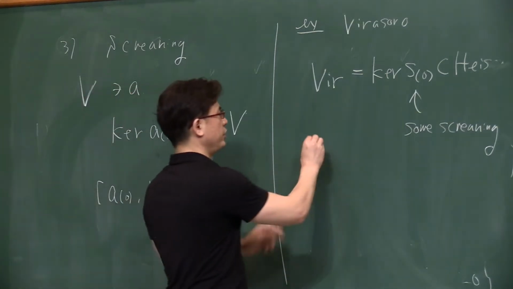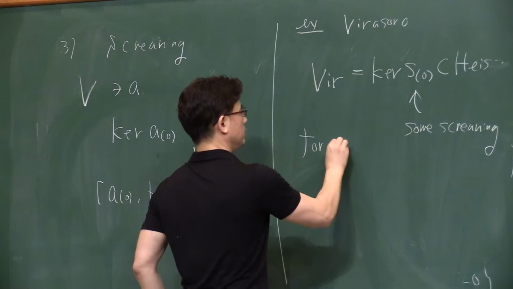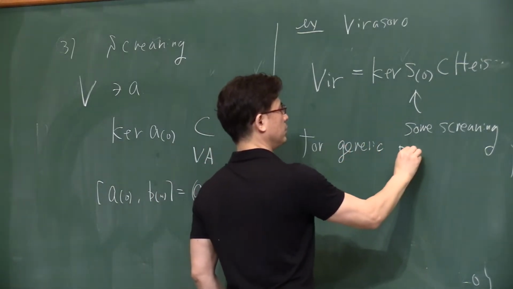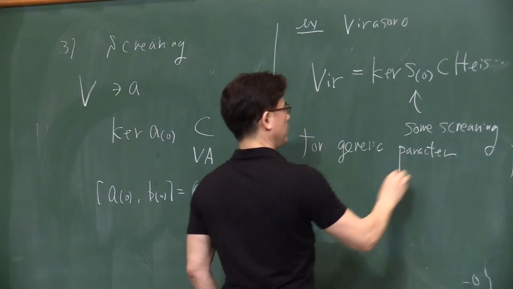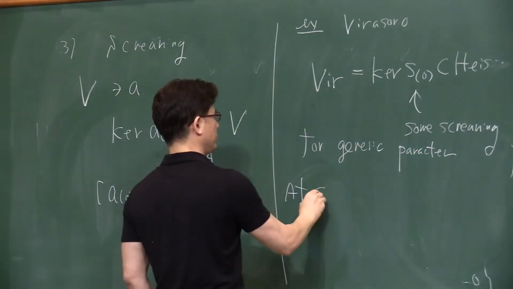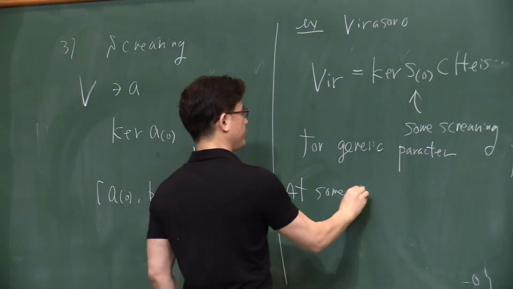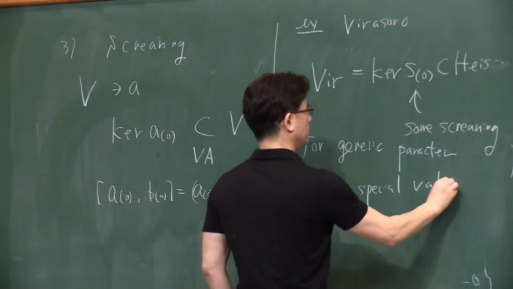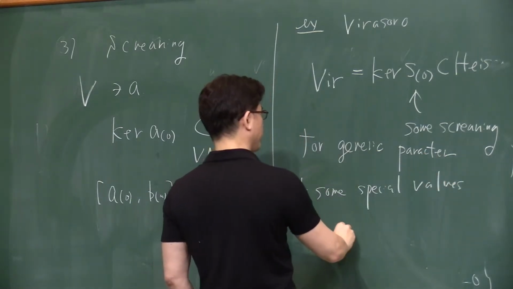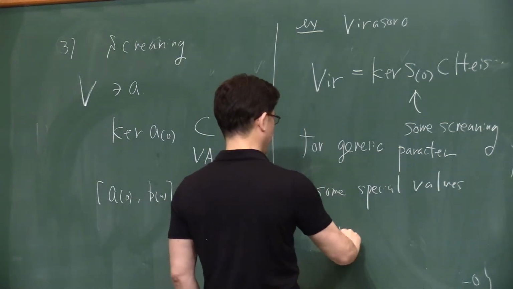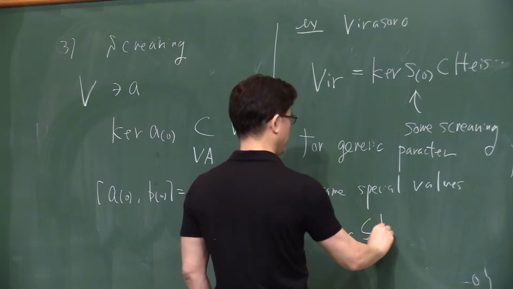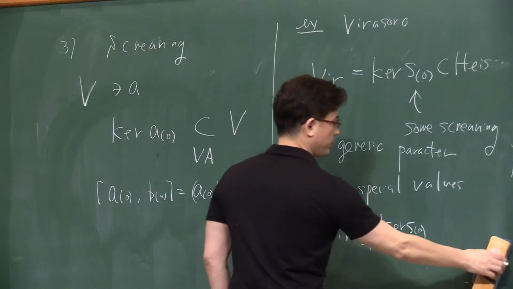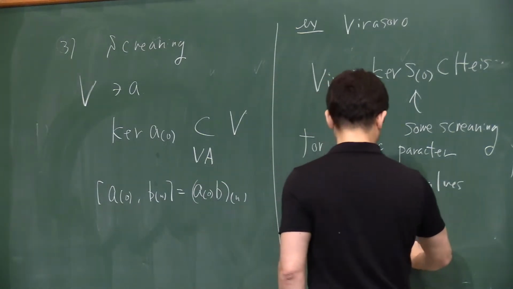But this is for generic parameter. And at some special value of the parameter, this kernel becomes strictly larger than the Virasoro algebra. And this is what Sergei was calling a singlet algebra.